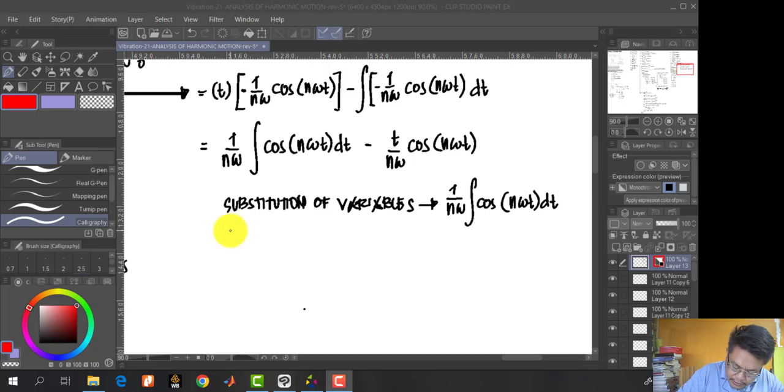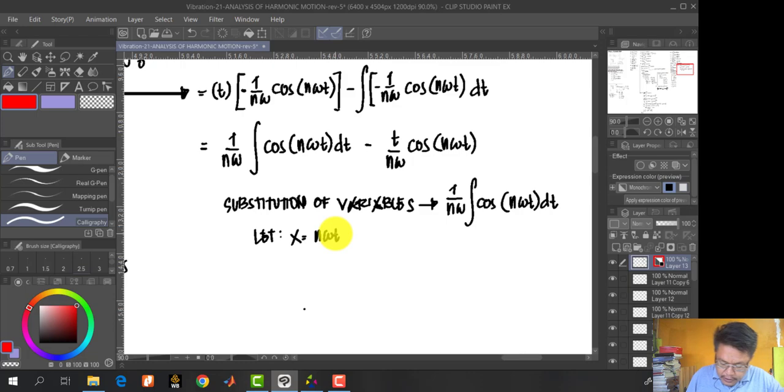So I'm going to let x be equal to n angular velocity times time. In order to integrate this, x over n angular velocity will be my t.